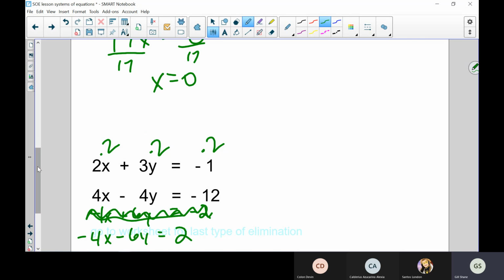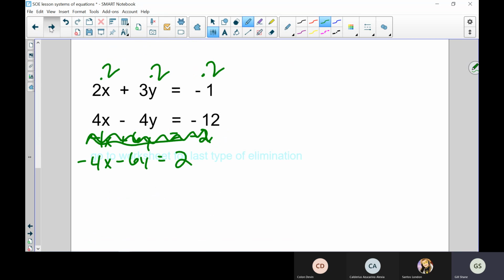I'm not going to solve that one out, but if you did, I think I did solve that maybe in 6th period, so you can watch the video if you wrote that down and you want to see if you got it right. The x's would cancel out. You get -10y equals -10. So y would be +1. Then you have to plug that in and solve for x. Again, it's on the video from yesterday, 6th period.